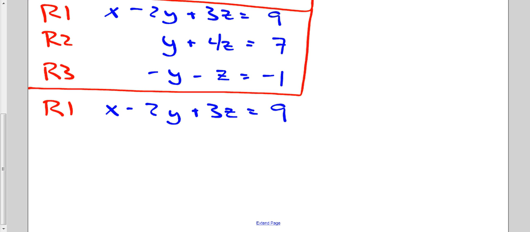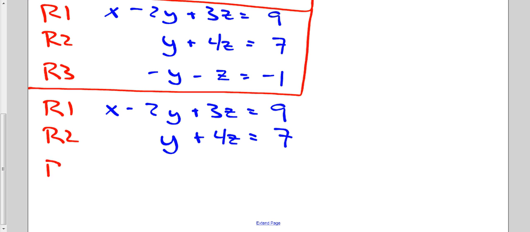Okay, I'm keeping row 2. Row 2 is y plus 4z equals 7. But my row 3 is going to be what? It's going to be row 2 plus row 3. That's going to be my new row 3.